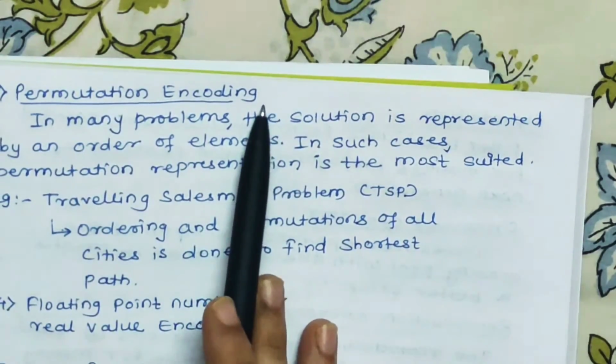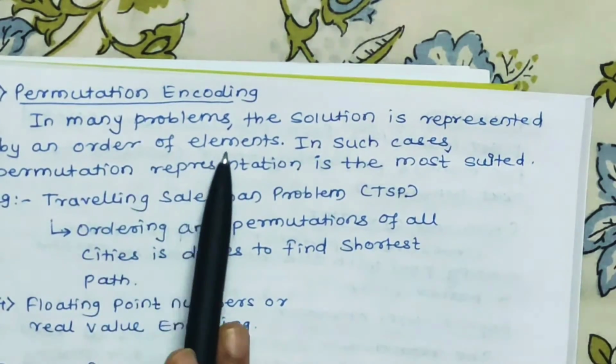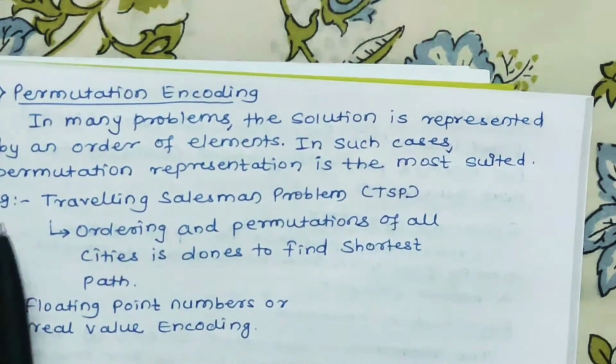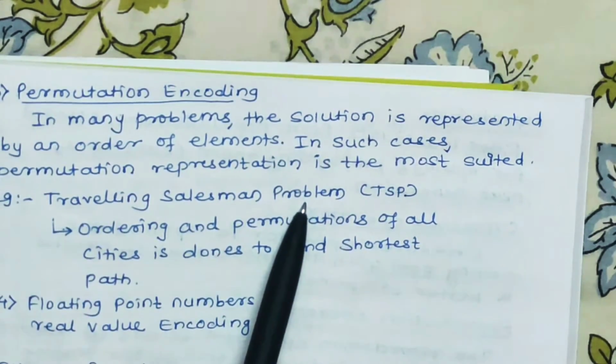Next is permutation encoding. In many problems, the solution is represented by an order of elements. In such cases, permutation representation is used. For example, the traveling salesman problem.